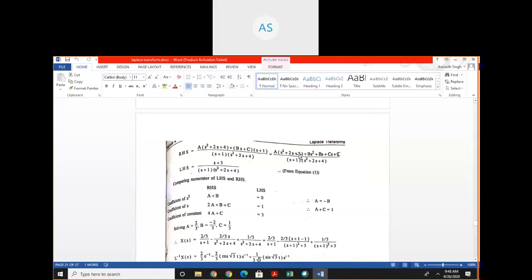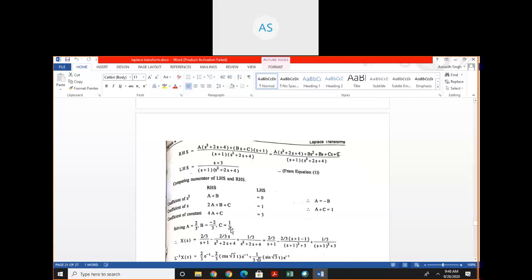Compare the coefficient of s square. The s square coefficient is a plus b, and there is no s square term on the left, so a plus b is equal to 0. Then compare the coefficient of s.